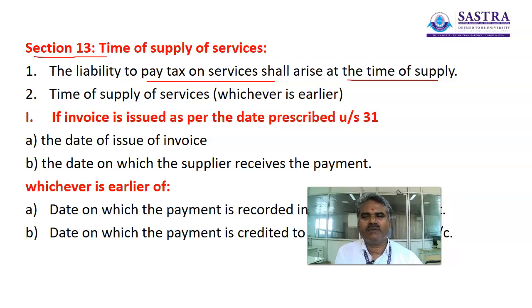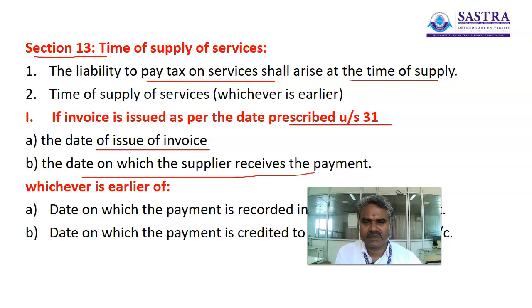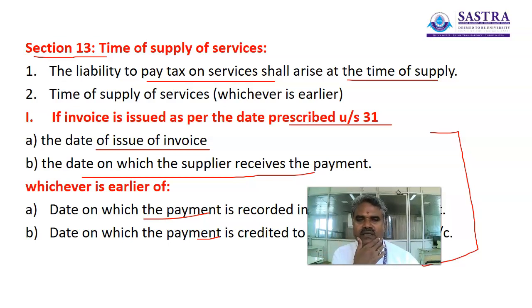You see, for time of supply of services, whichever is earlier: if the invoice is issued as per the date prescribed in Section 31, the date of issue of invoice and the date of receipt are the same, no problem at all. But when they do not issue the invoice as per Section 31, similar to goods, there is no change here.